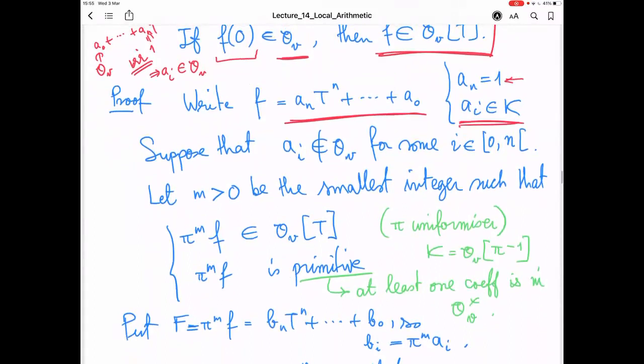They are in K, and I'm told that it's irreducible, and I have to conclude that these AIs are in OV. Now, if AI is not in OV for some I, I make this assumption to get a contradiction. I want to prove that all AIs are in OV. Let's see what happens if they are not.